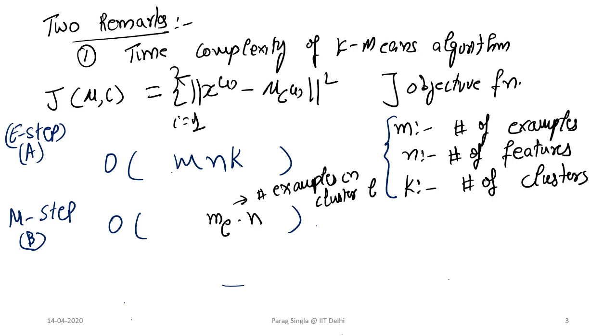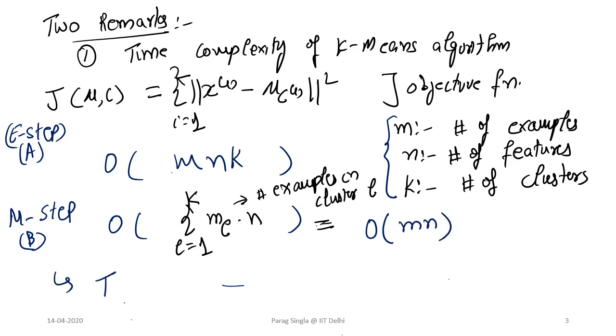So it takes m_l times n amount of time, and this is for one cluster, and we sum over l equal to 1 to k, which is equivalent to order n times the sum over l of m_l. n comes out of this sum because it does not depend on l, and the sum over all l's of m_l is simply the total number of examples, so this becomes order mn.